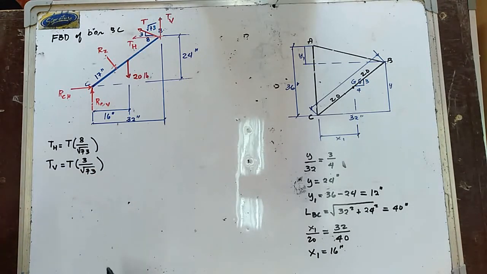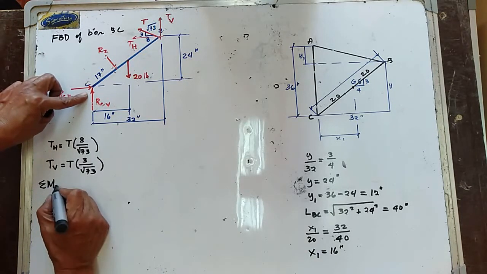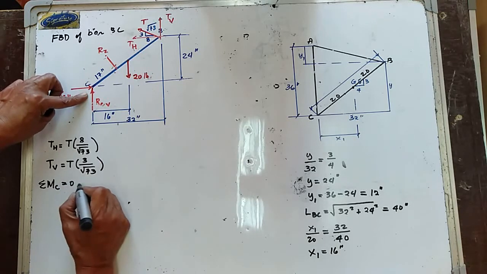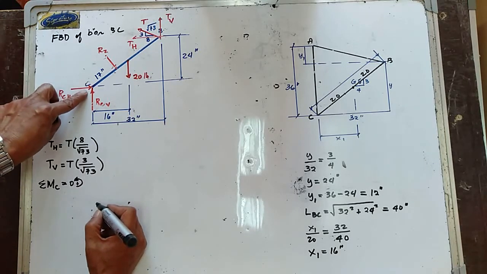So let us try to take moments about point C. Summation of moments about point C is equal to 0. Counterclockwise moment is positive.